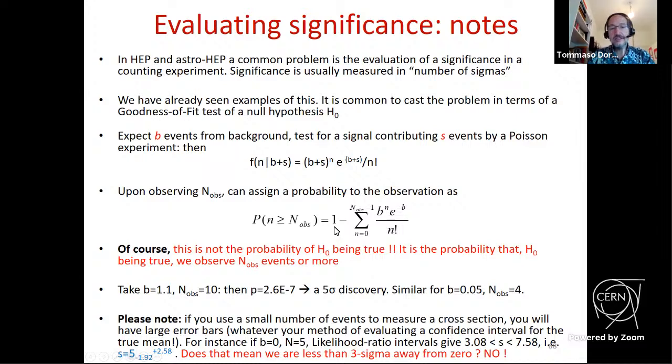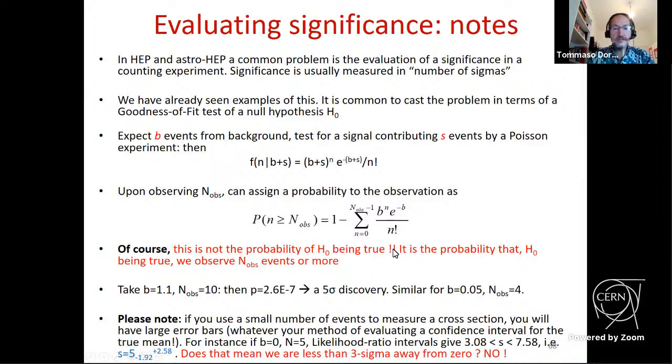And this is easily calculated as 1 minus the sum from 0 to n_obs minus 1 of the Poisson term. Why do we do this trick of 1 minus the sum from 0 to n_obs minus 1? Of course, because it is much more practical to compute a sum from 0 to n_obs minus 1 than computing an integral from n_obs to infinity.